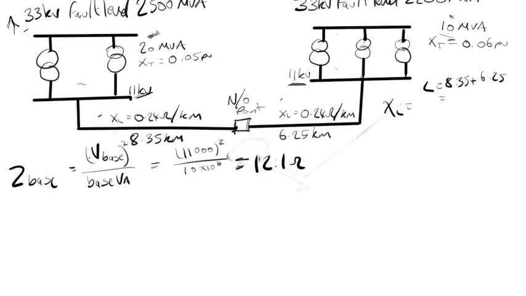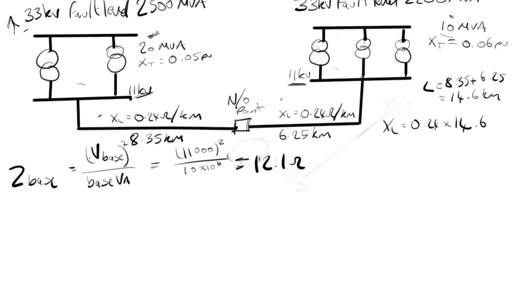So total value of XL is 0.24 times 14.6, so XL equals 3.504 ohms. So that's the total length of this line all the way down.